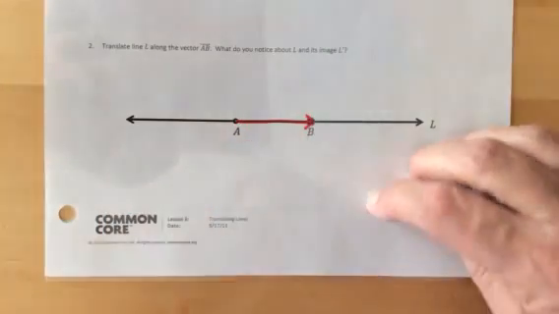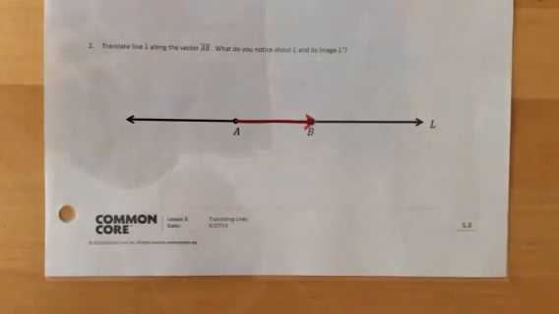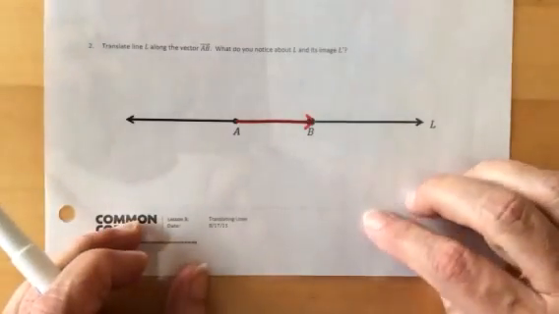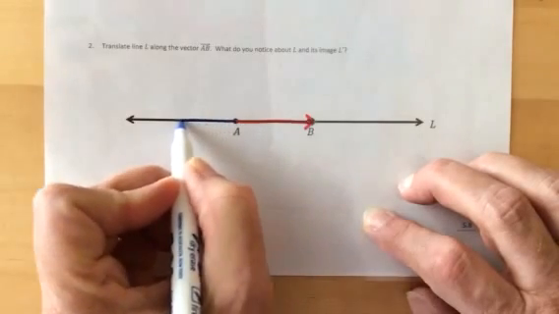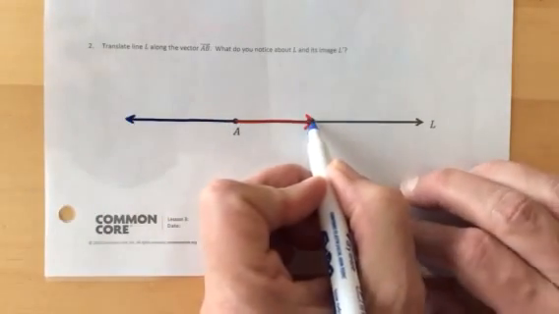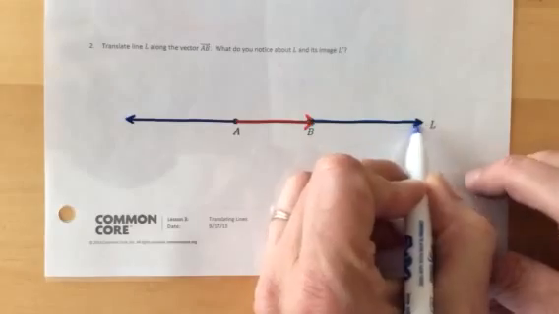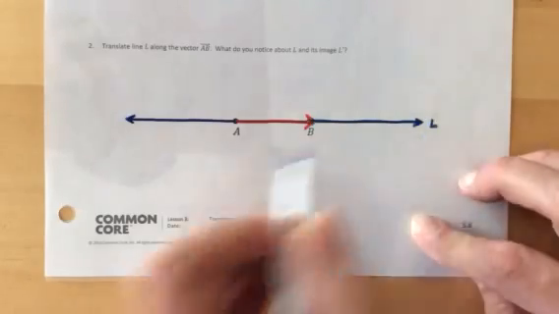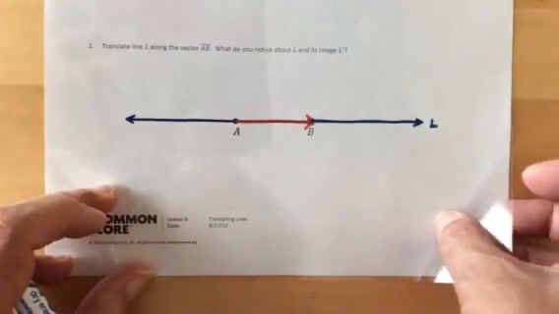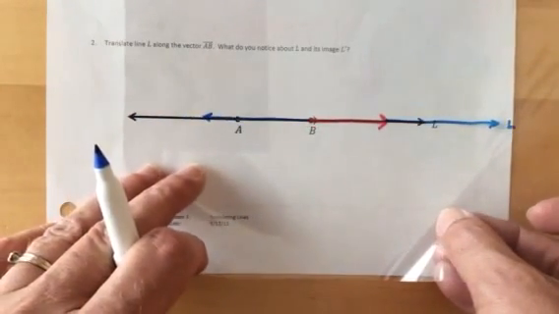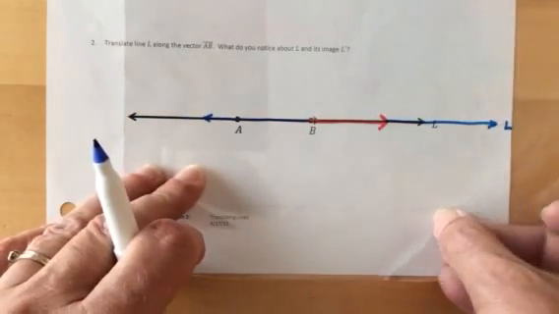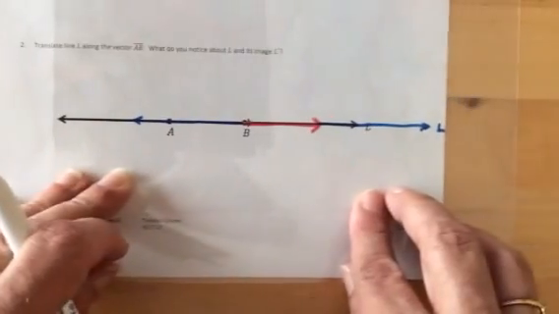You can use the same color, it doesn't matter, but for my demonstration I'll use red for the vector and blue for whatever I'm translating. So let's make line L blue. Here's line L, and I'm going to translate it along AB. So I'm going to move like so.